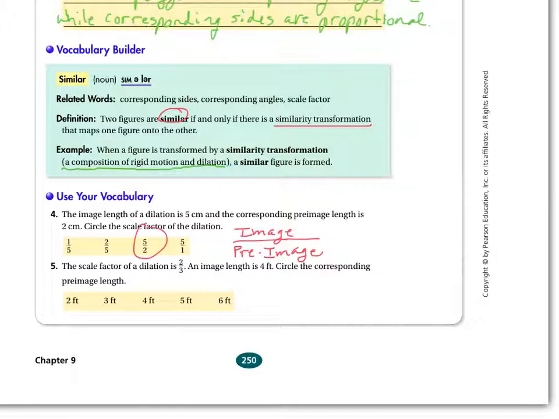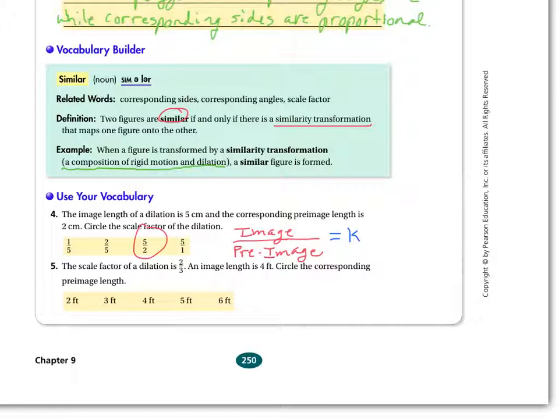Number 5, the scale factor of a dilation is 2/3, and the image length is 4 feet. Circle the corresponding pre-image length. We're going to set up a proportion so that you have image to pre-image, and that's going to equal k, your scale factor.